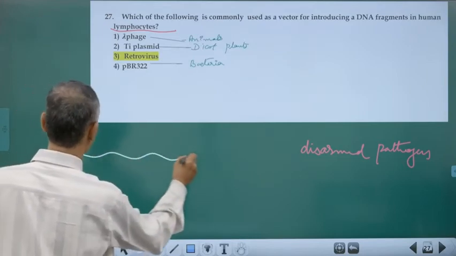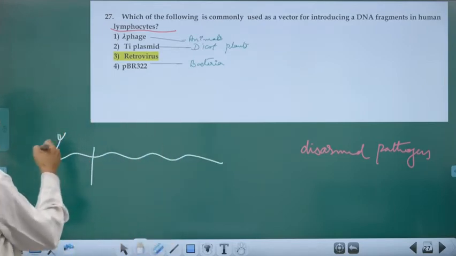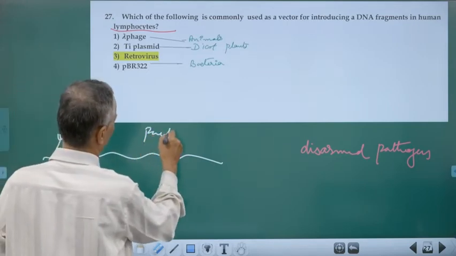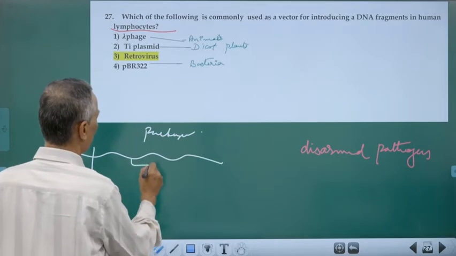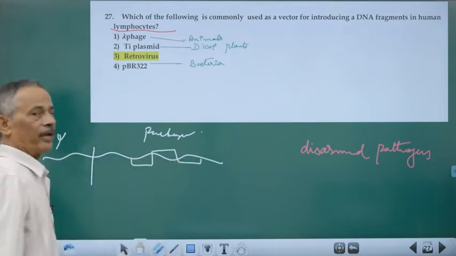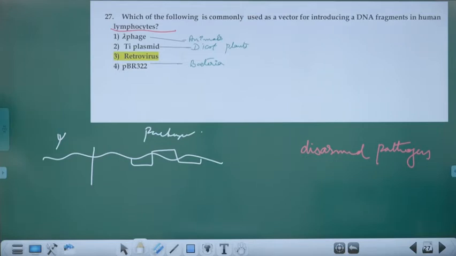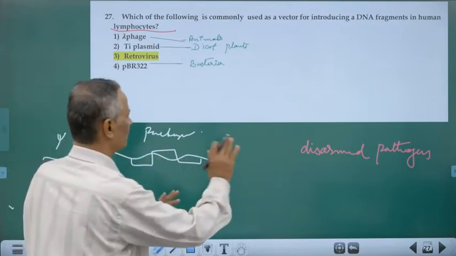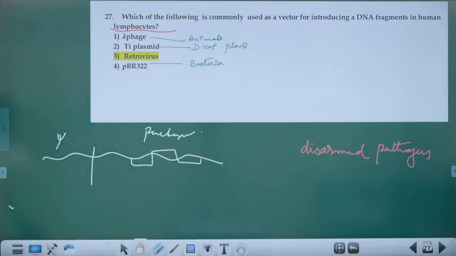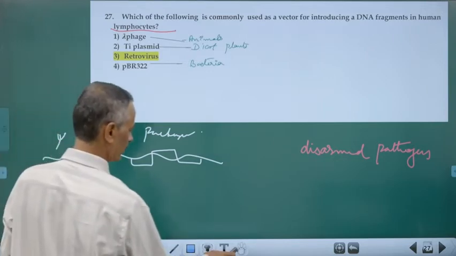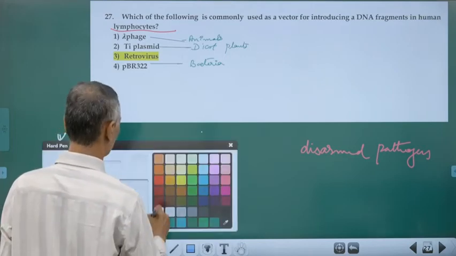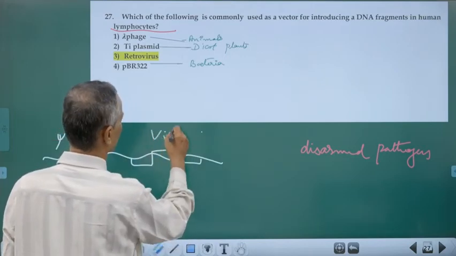A retrovirus will have a size sequence and a packaging sequence which contain coding sequences for viral qualities, Pol, GAG, ENV, etc. This is the packaging sequence, and these are the viral genes, which are responsible for the viral properties.